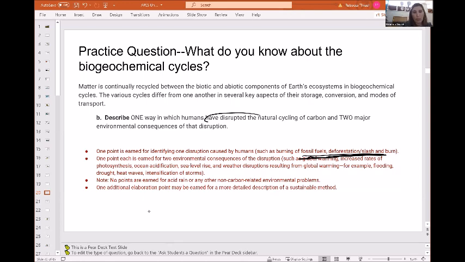But if you notice, they really want you to describe what is the human activity that's doing this. So you want to be as specific as possible, especially when it comes to the burning of fossil fuels. Even saying something like using fossil fuels may not be specific enough for you to get that point on the exam. Combustion, burning, releasing CO2 from burning fossil fuels. That's where you really want to be.